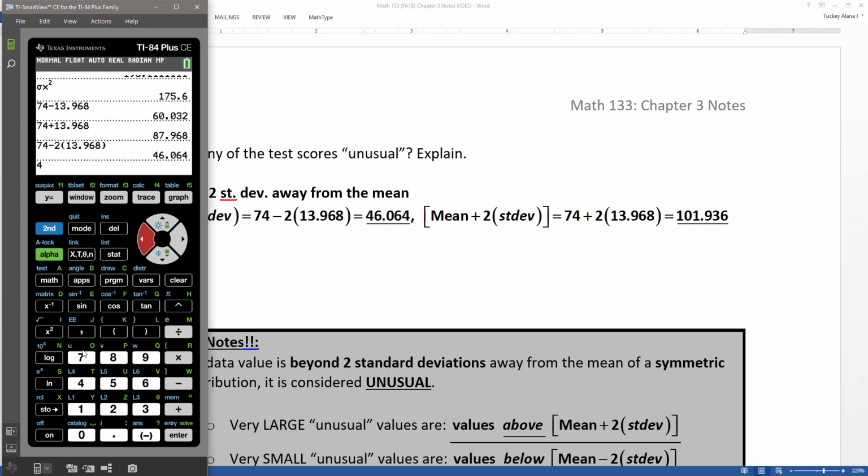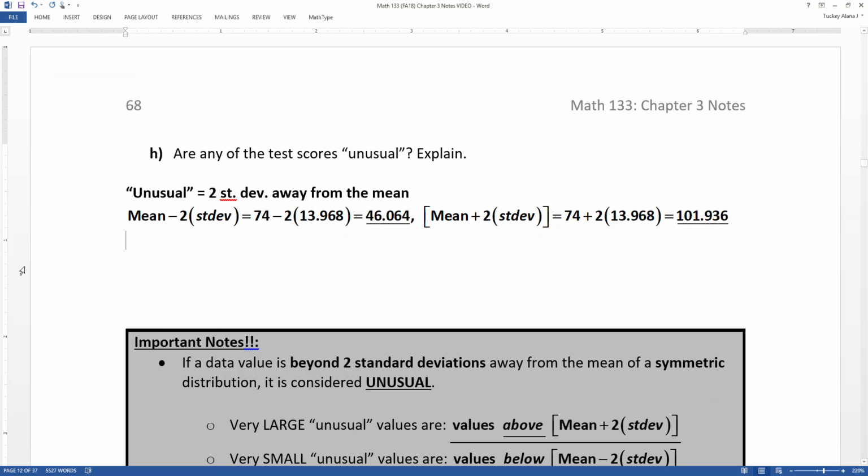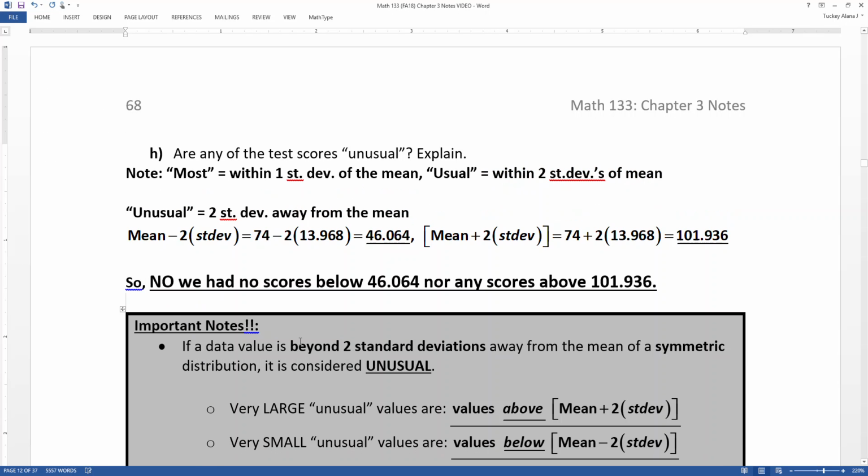Then I did 74 plus 2 times 13.968, and that got me 101.936. So any scores below 46 or above 101 would be unusual. And that means we did not have any unusual scores, because we had nobody in our data set below 46 nor above 101.